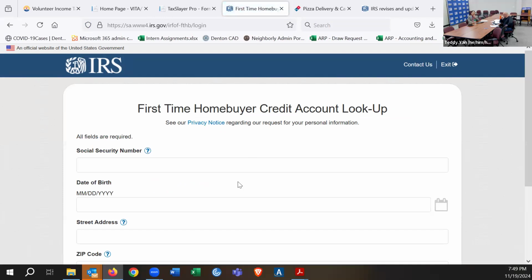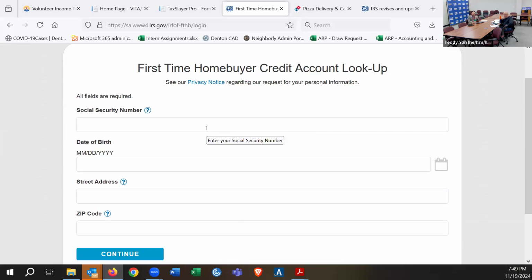Technically, they have to be the one entering this information, not us. But the taxpayer is going to be seated right next to you. You can just get to this page and flip the keyboard over to them. So you enter their social security number, their date of birth, their street address and their zip code, and it will spit back out, hey, based on the information you entered, this is the first-time homebuyer's credit situation for this person.